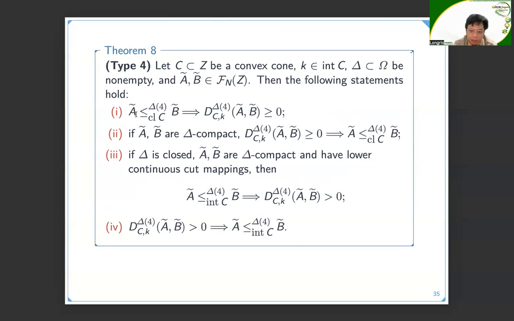This object being inferior to this object implies a positive difference evaluation function value, and the converse is true if both are delta compact. If delta is closed, A, B are delta compact and have lower continuous cut mappings, then this implies a positive difference evaluation function value, and a positive difference evaluation function value implies this one.